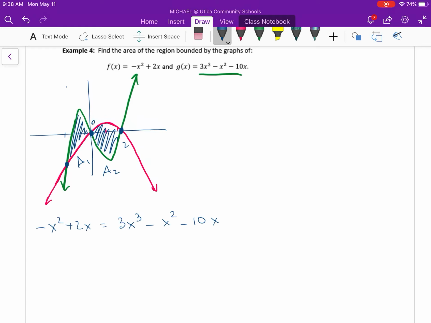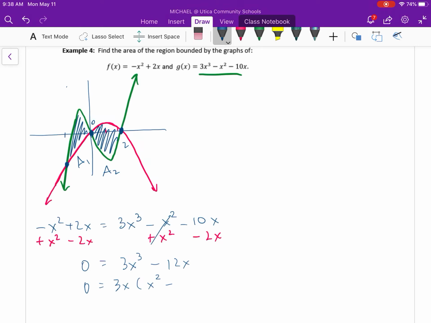So I'm going to move some things over. I'm going to add an x squared, and I'm going to subtract a 2x. I'm going to end up with 0 equals 3x cubed. Those cancel out, and I get minus 12x.